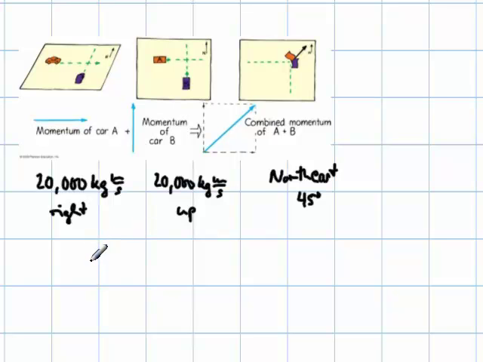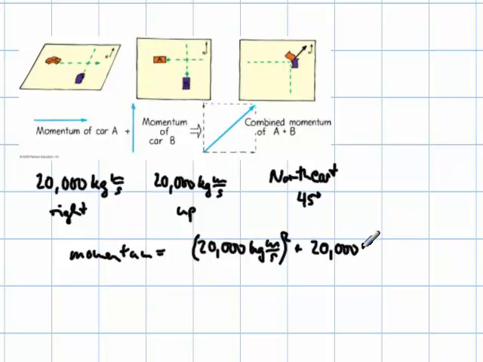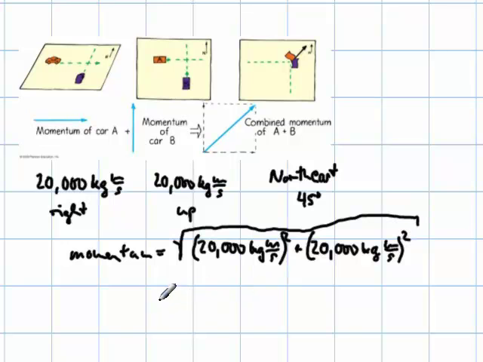So the combined momentum after the collision is the square root of 20,000 kilograms meters per second squared plus 20,000 kilograms meters per second squared. And taking the square root, the units will be the same, kilograms meters per second.